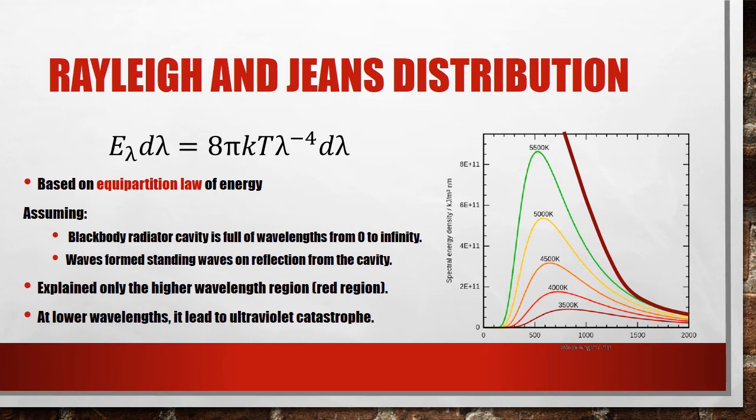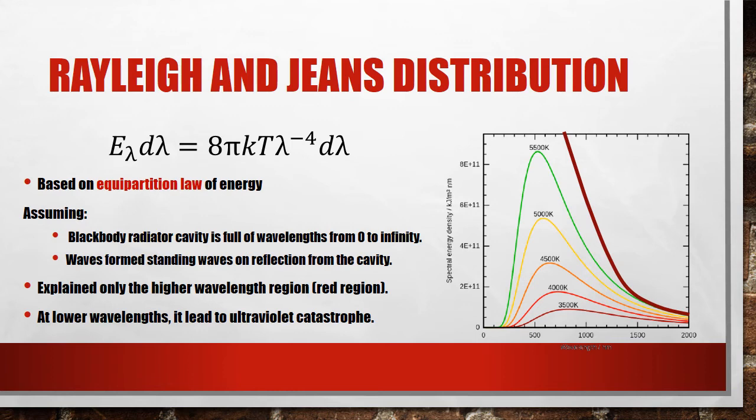This distribution assumed that the black body radiator cavity is full of wavelengths from 0 to infinity, the complete range of wavelengths, and when these wavelengths are reflected from the walls of the cavity, they form standing waves, and these waves are then emitted.